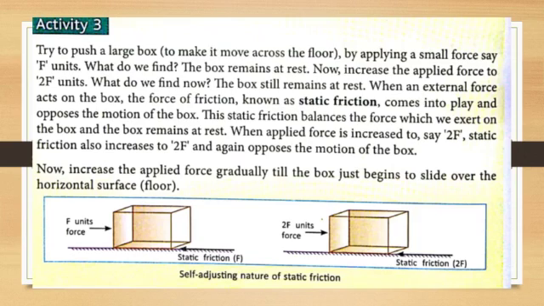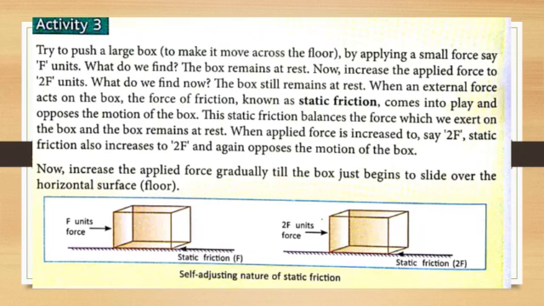The maximum value of the force of static friction comes into play when the body is just sliding over the horizontal surface. It is called limiting force of friction. Limiting force of friction is the force when the maximum value of the force of friction comes into play and the object starts moving or sliding on the horizontal surface.